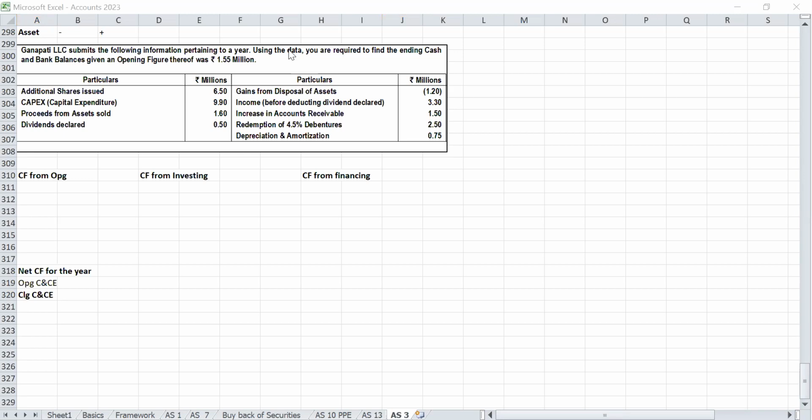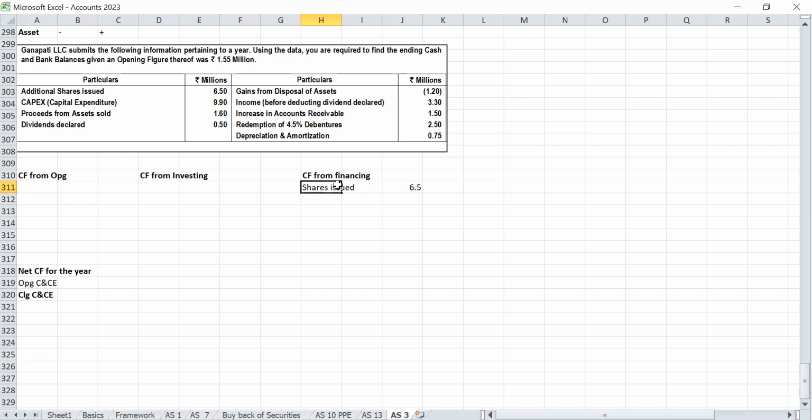Sir, additional shares issued. Where will it come? Financing activity. Plus or minus? Plus. 6.5 plus. Then capital expenditure. What is meant by capital expenditure? Which will not occur regularly, sir.